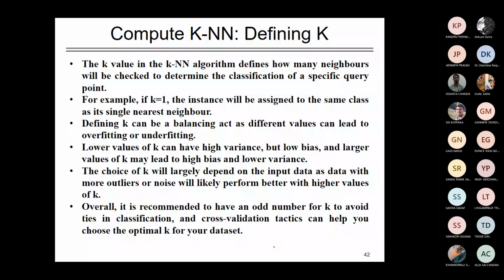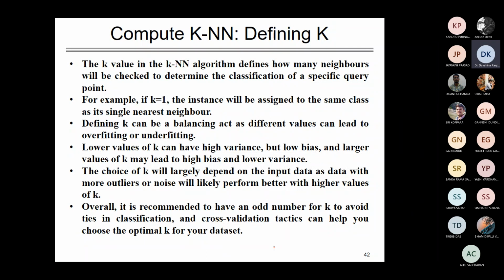For example, if k equals to 1, that means the instance will be assigned to the same class as its single nearest neighbor. Okay, so k equals to 1 means there is only one nearest neighbor found close to the query point.